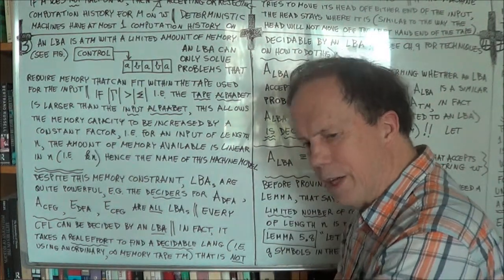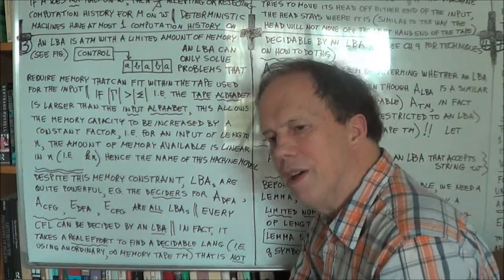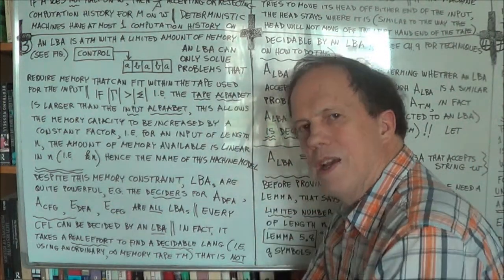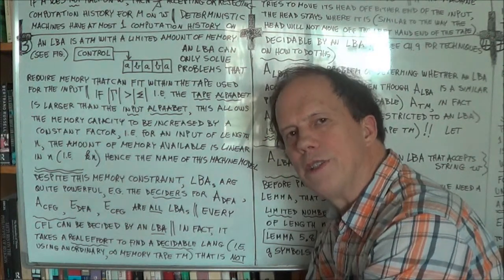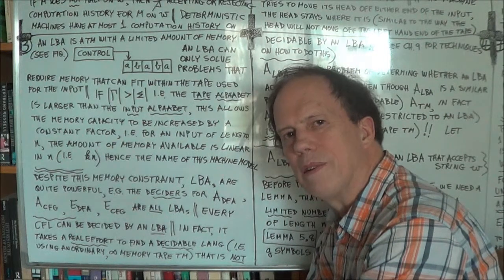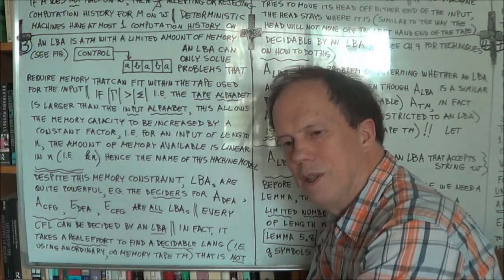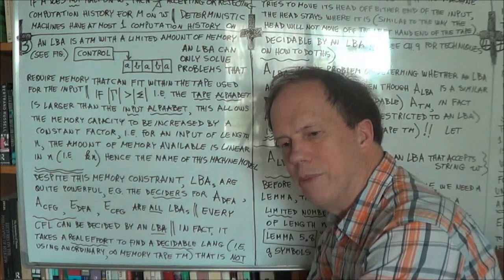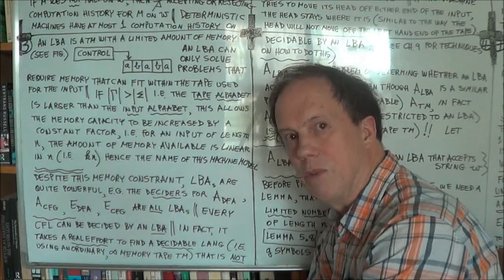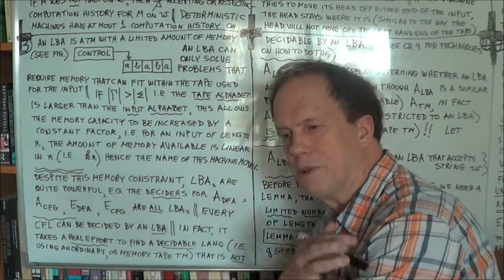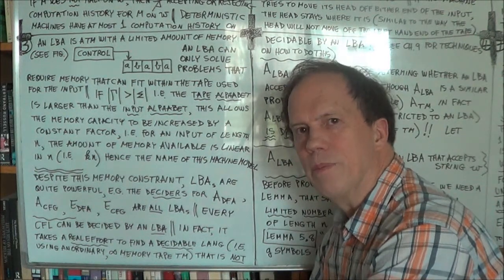Now, we have this constrained, limited Turing machine, this LBA. Question: how powerful is it? What can you do with it? Or an alternative question is, what can the LBA not do that the normal Turing machine, with its infinite memory, in other words, an infinitely long tape, can do?